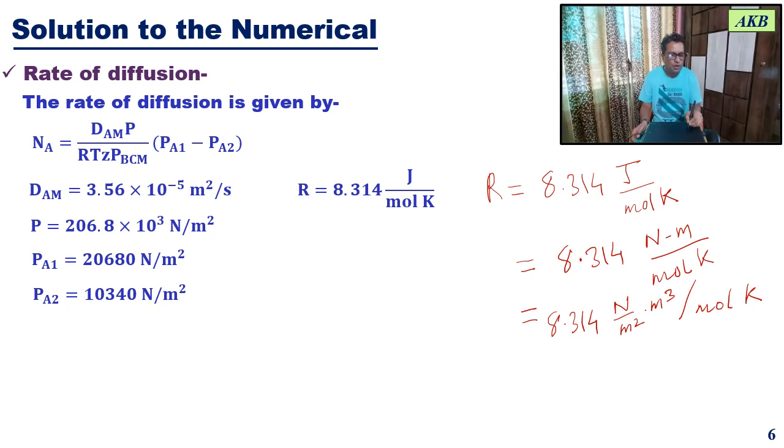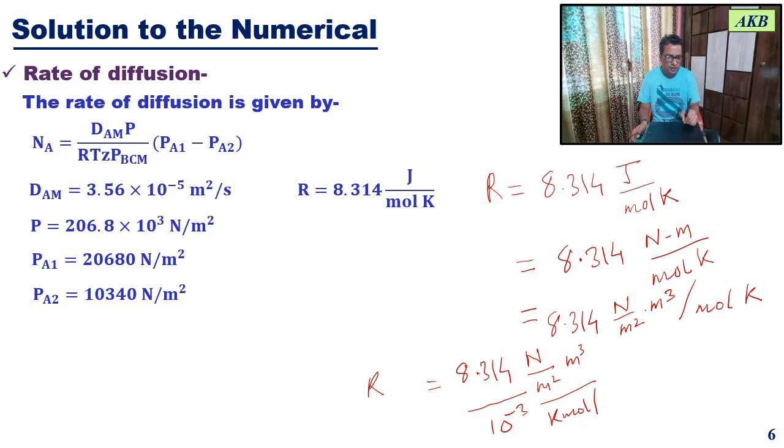Now if I want it in kilomole, one mole is 10 to the power minus 3 kilomole. So I'll show that. R is equal to 8.314 Newton per meter square meter cube divided by 10 to the power minus 3, now it is per kilomole per Kelvin.